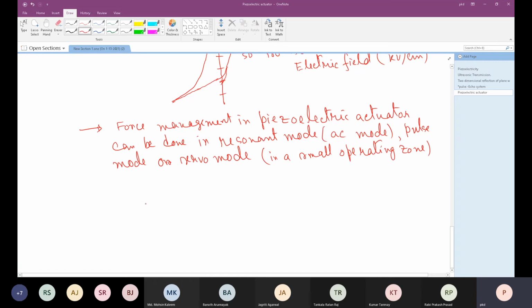So pulse mode is often popular for precise positioning.